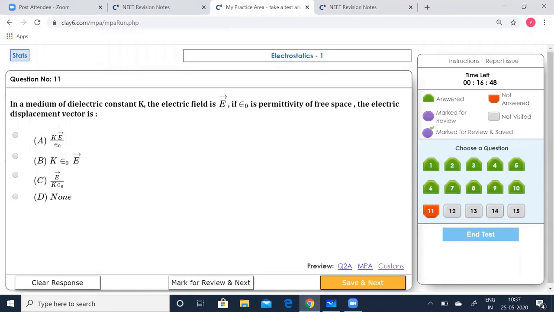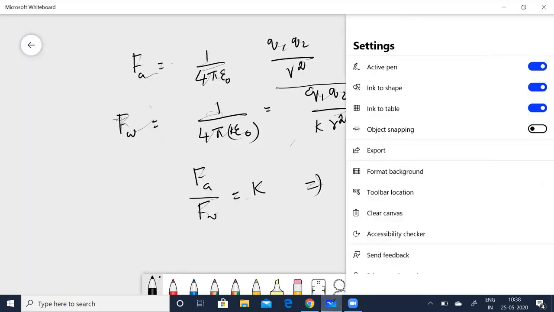In a medium of dielectric constant K, the electric field is E vector. If epsilon 0 is the permittivity of free space, the electric displacement vector is what? All right, let's solve this.